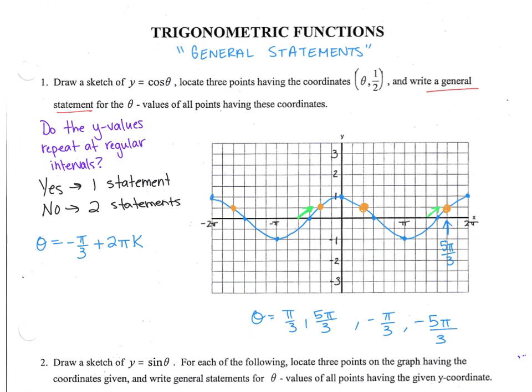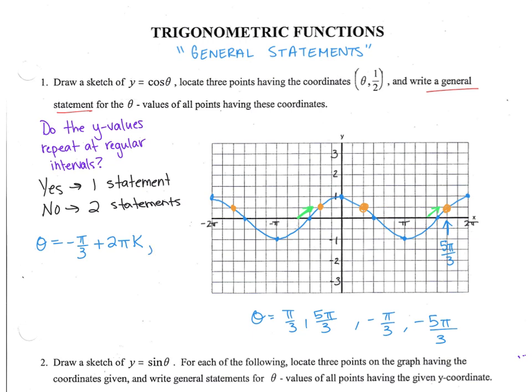But the one thing we need to note is it has to be every 2 pi. If we are only rising to a value of 1/2 every 2 pi, that means 2 pi, 4 pi, 6 pi, or a negative 2 pi, a negative 4 pi, a negative 6 pi. We cannot have a half rotation.